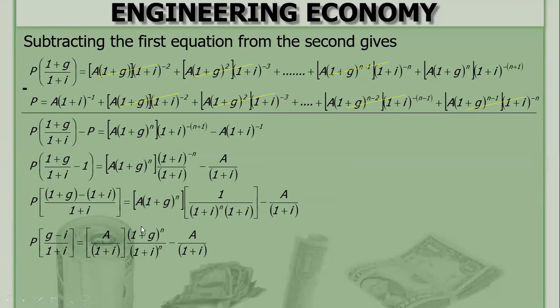So, what remains in the first term is 1 plus g raised to n over 1 plus i raised to n. Next, we factor out A times A over 1 plus i. So, we get this one. It's g minus i over 1 plus i equal to this one. And the 1 plus i cancels.